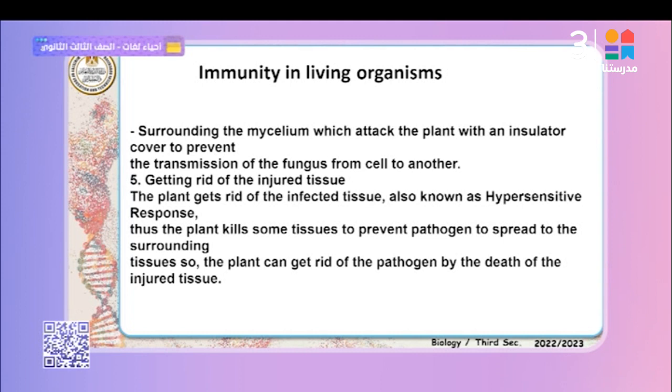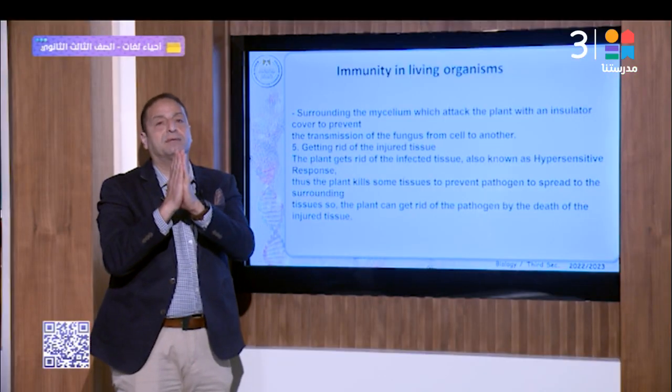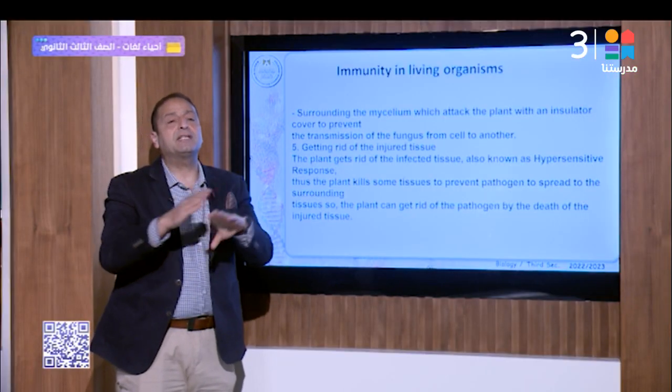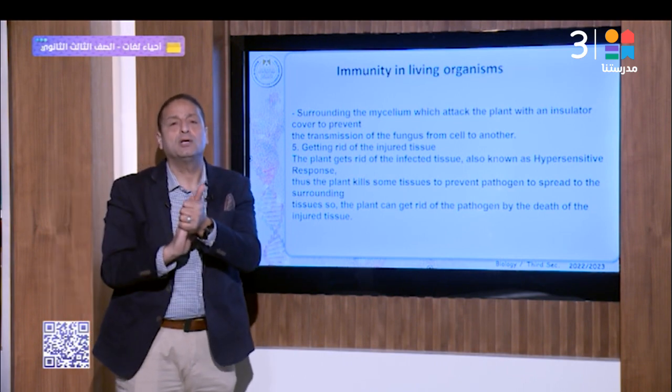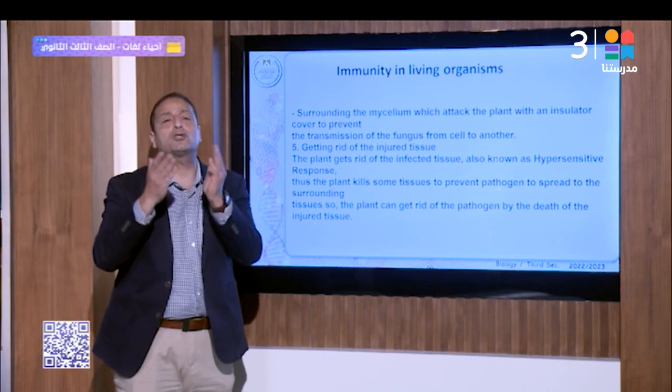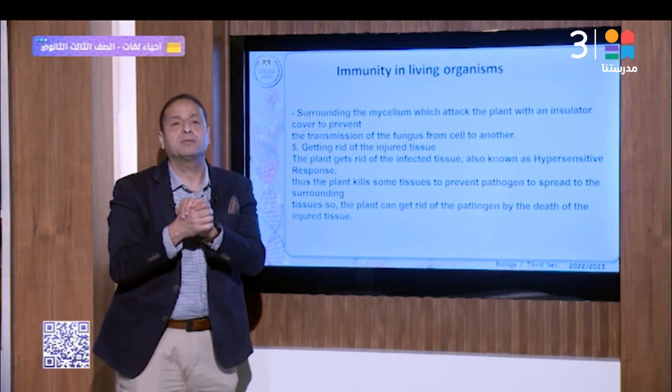That's right. To prevent the transmission of this fungus from one cell to another, the plant gets rid of the injured tissue. This injured tissue is not treated. Why? It is destroyed completely to avoid infection of the other healthy neighboring cells. So it is destroyed completely, and this is called the hypersensitive response.